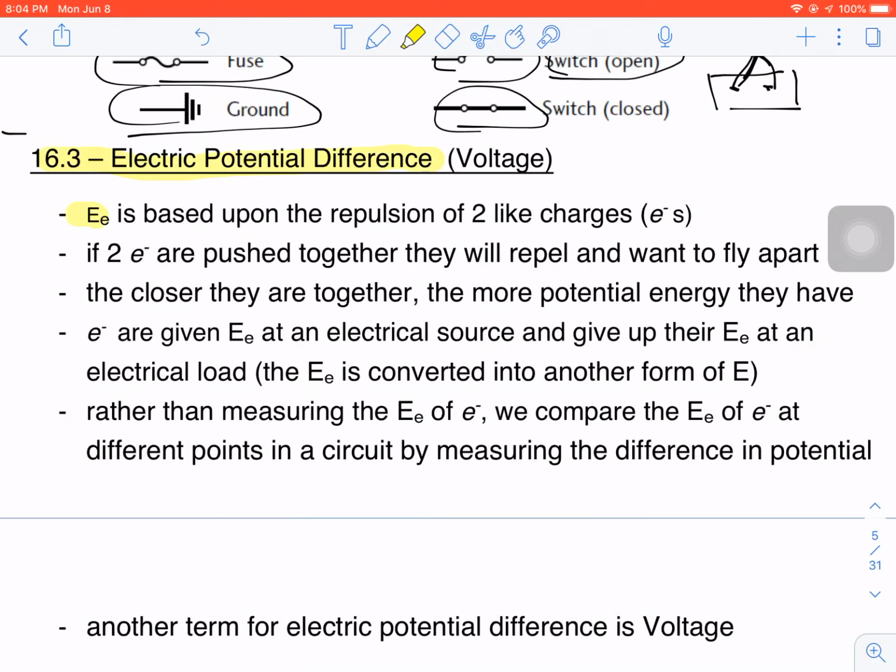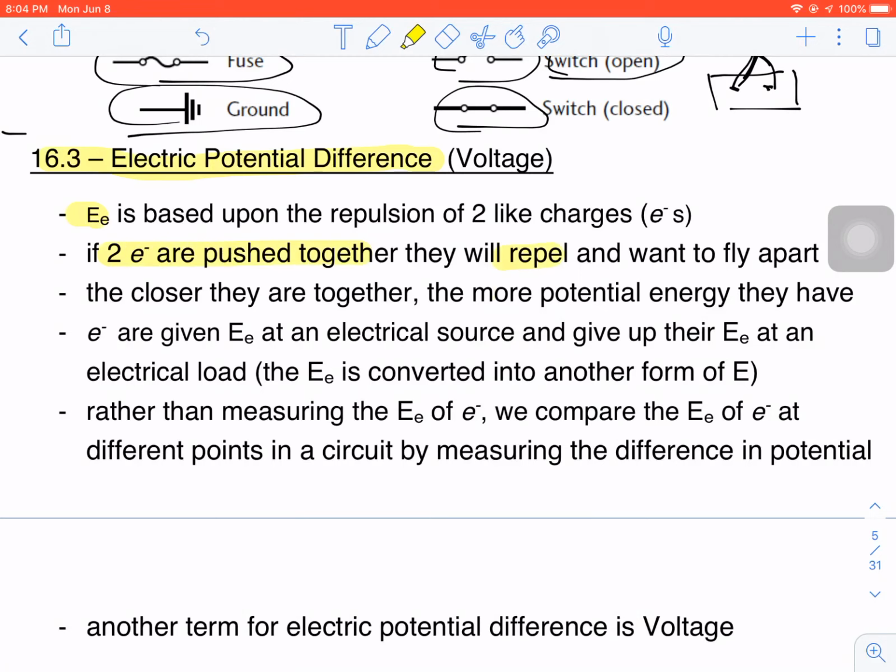The reason electrons have energy is based upon the amount of repulsion there is. Just like the higher an object gets from the surface of the Earth, the more gravitational energy it has, the more electrons are pushed together, the more they want to push apart. They have energy stored up in that force of repulsion or attraction, depending on what we're talking about.